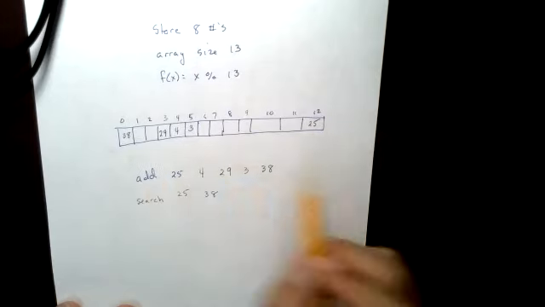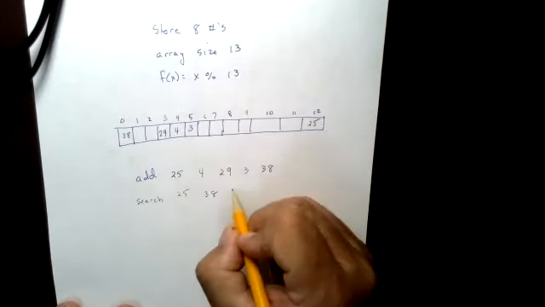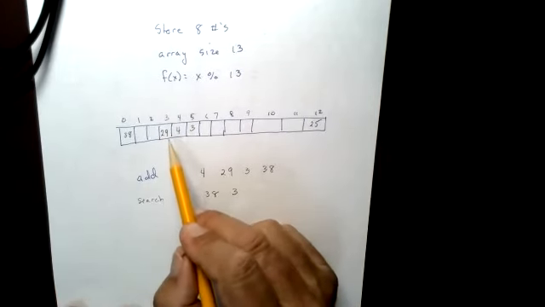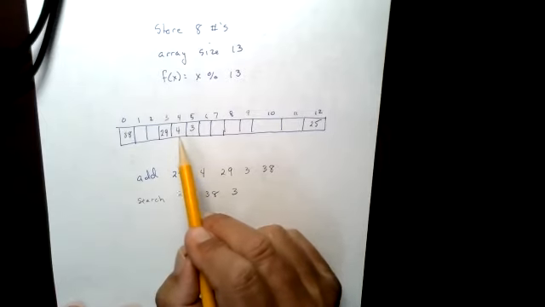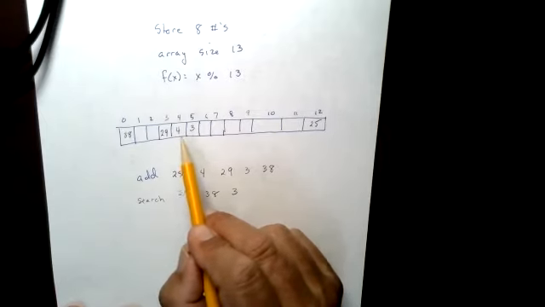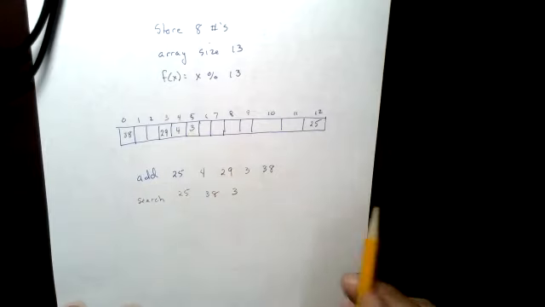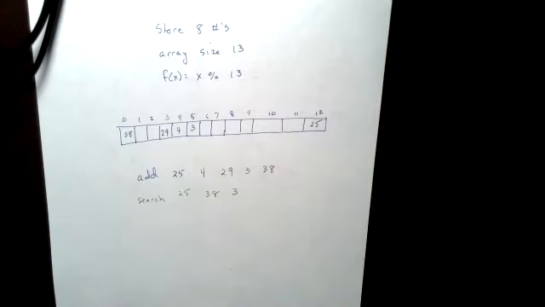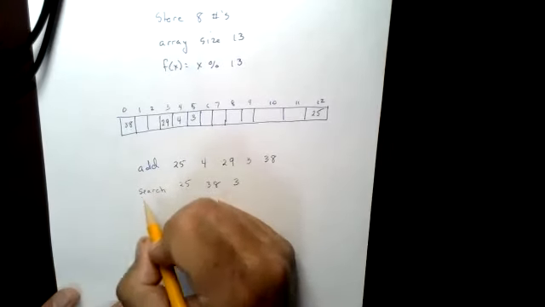What about 29? We know we'd go to 3. It's not it, so linear probe, because that's my probe sequence, says go to the right. Just like when I got here, I had to go to the right and it wrapped around.